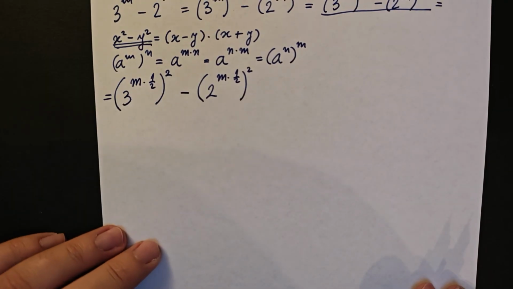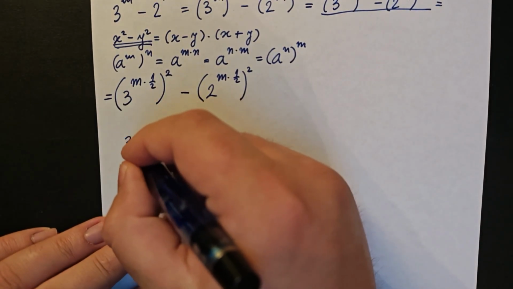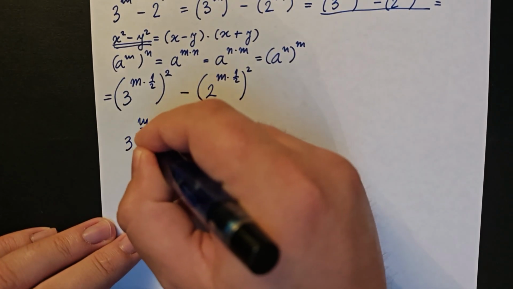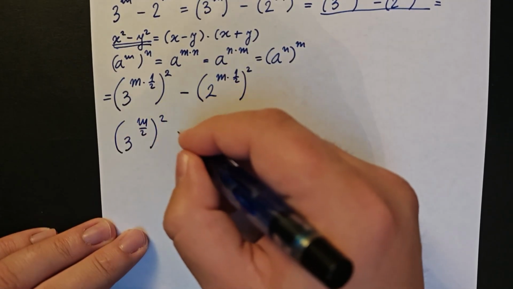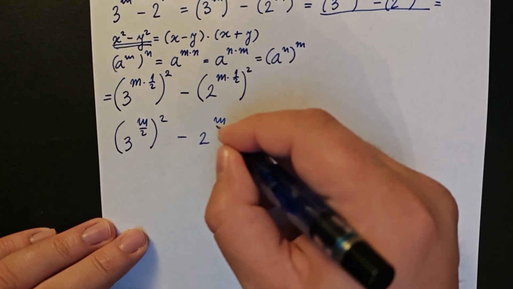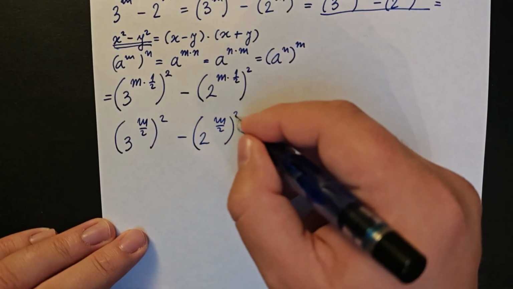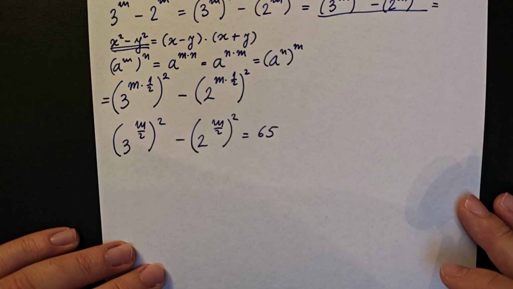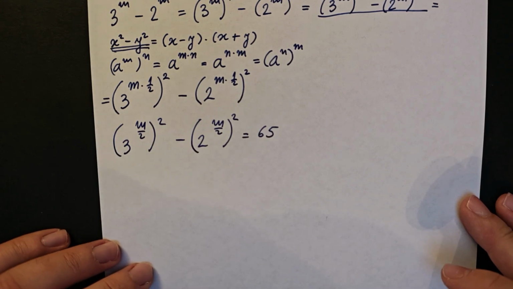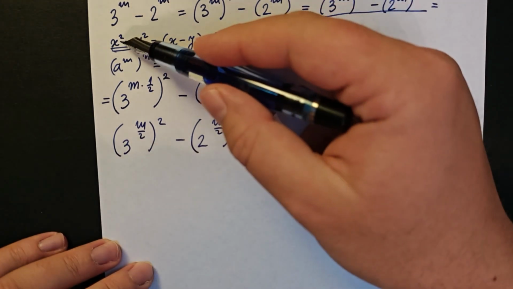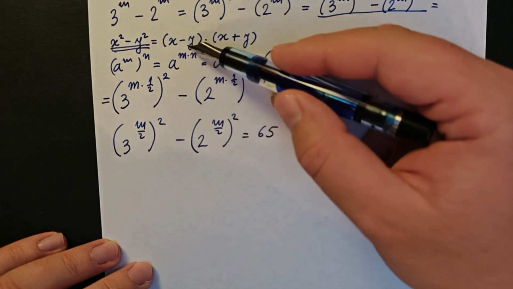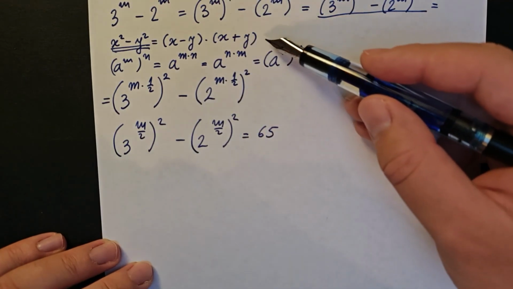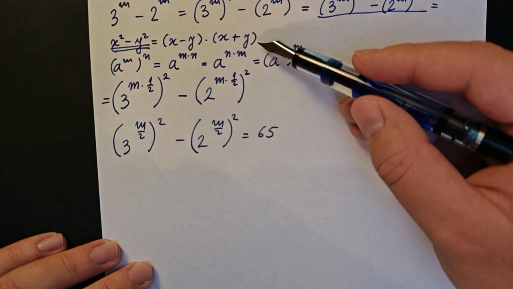As you can now see, our equation becomes 3 to the power m over 2 squared minus 2 to the power m over 2 squared is equal to 65. Now we can use the difference of two squares finally. We have that x squared minus y squared is equal to x minus y multiplied by x plus y.